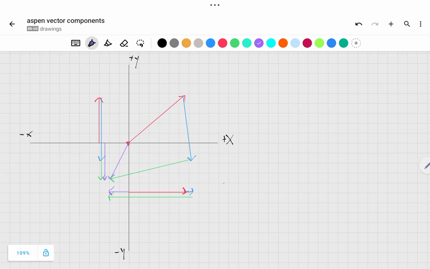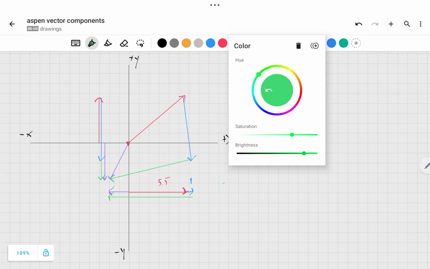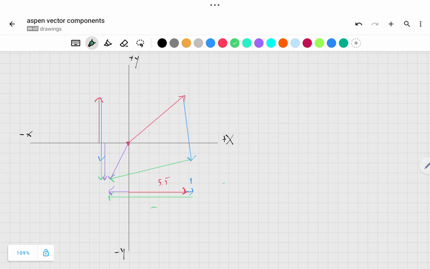Now how this helps us, just so you can see how we get these purple lines, is if I know the size of all the other vectors in the x direction and in the y direction, I can get the purple result pretty easily. This red line, for instance, is about 5.5. The blue one is about 1, and the green one is about negative 8.5.